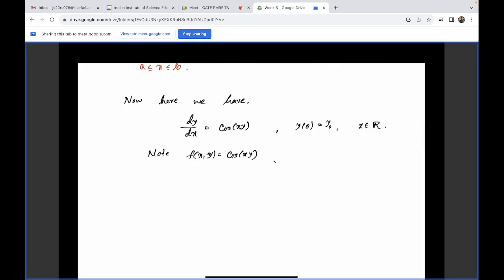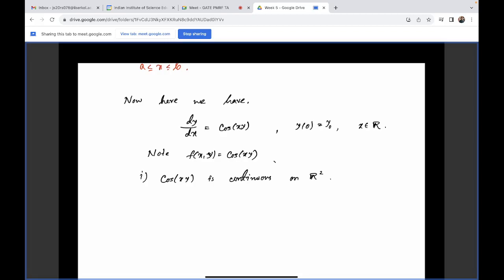So clearly this is a trigonometric function, so this is continuous in all of R2, so it is also jointly continuous. So cos(xy) is continuous on R2.